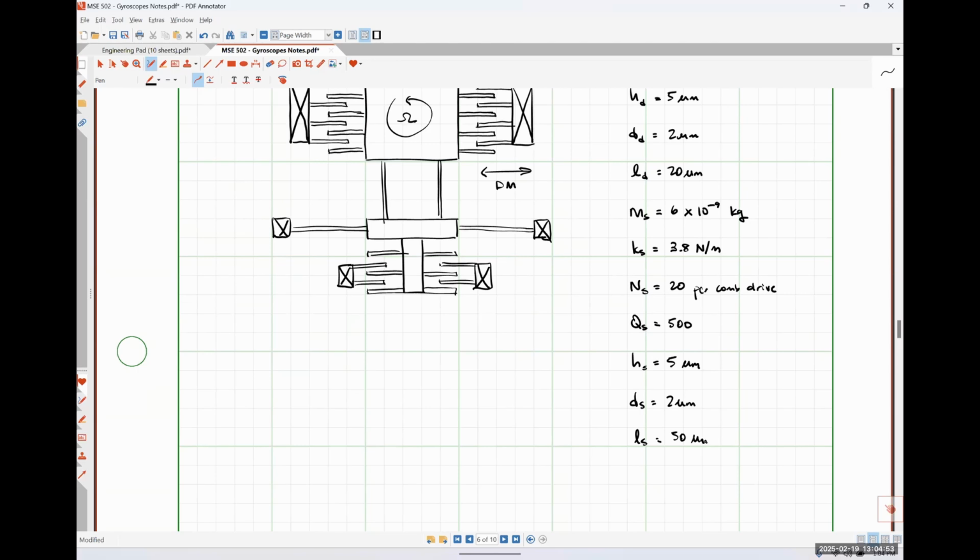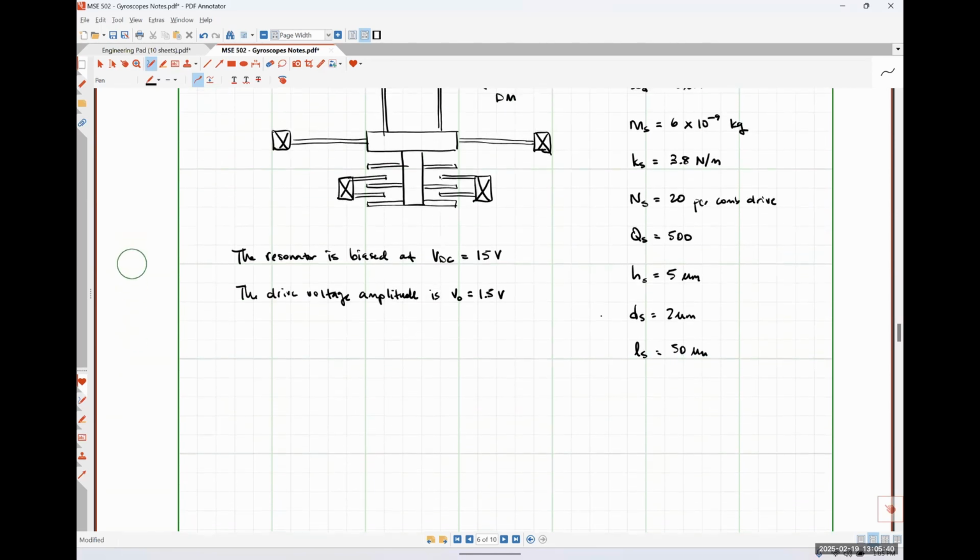And let's say that the resonator is biased at VDC is equal to 15 volts, and the drive voltage amplitude will be V naught is equal to 1.5 volts.